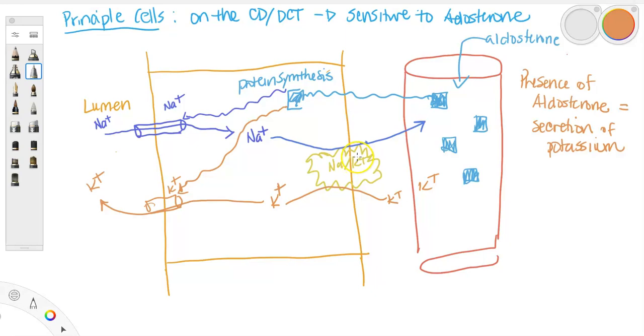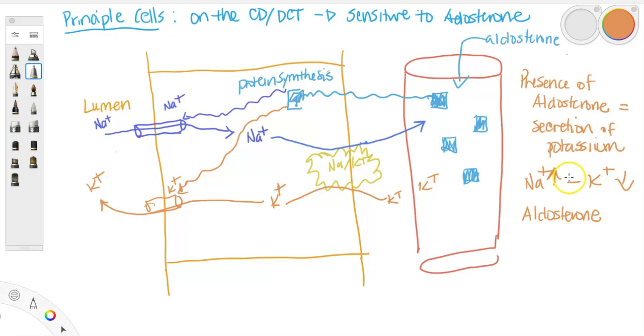So we're getting rid of potassium in order to maintain or increase sodium. Okay? So again, sodium increases, potassium decreases the amount in the body. All right. When aldosterone is active, it's usually working with ADH.